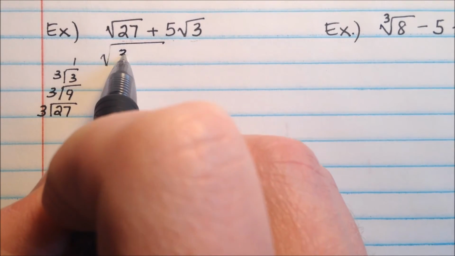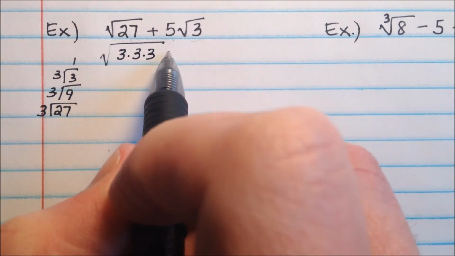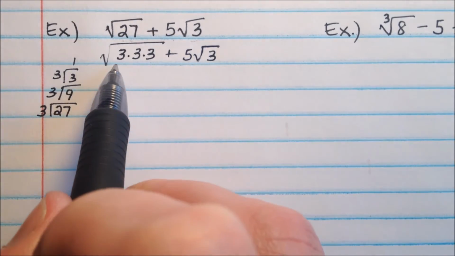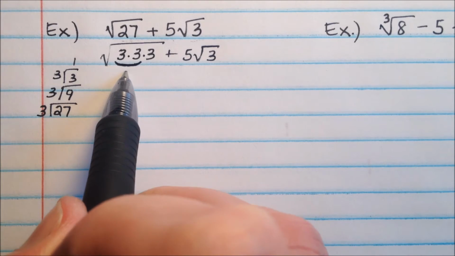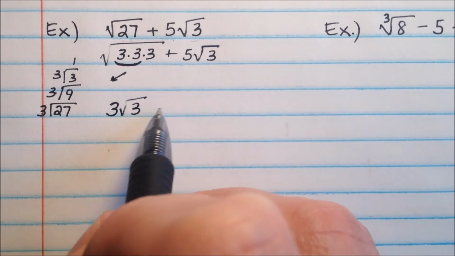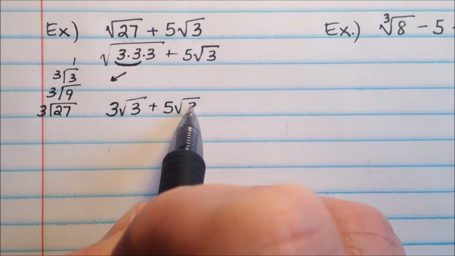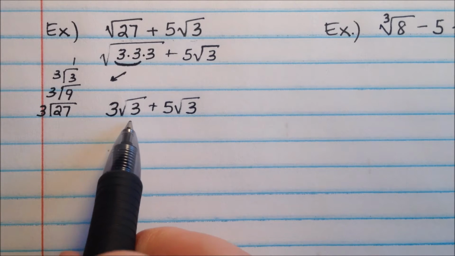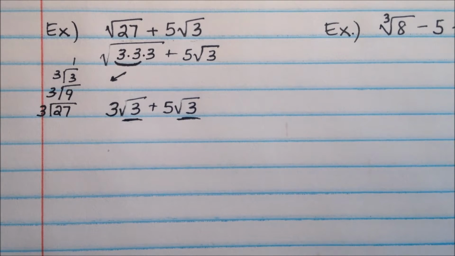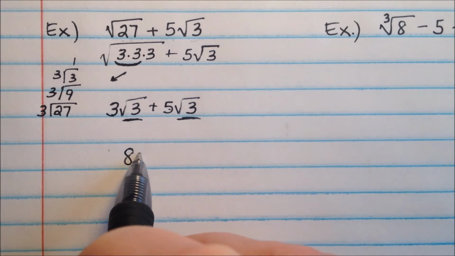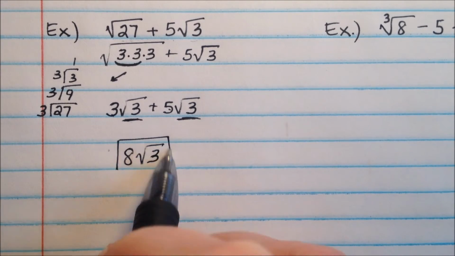So I'm going to rewrite this as 3 times 3 times 3 under this radical, and I'll just bring everything else down. And these 3's will group together and come out, so it'll really be 3 times the square root of 3 plus 5 times the square root of 3. So after I simplify this a little bit, I notice that, hey, they are indeed like radical terms. So I can say 3 plus 5 is going to be 8 times the square root of 3.